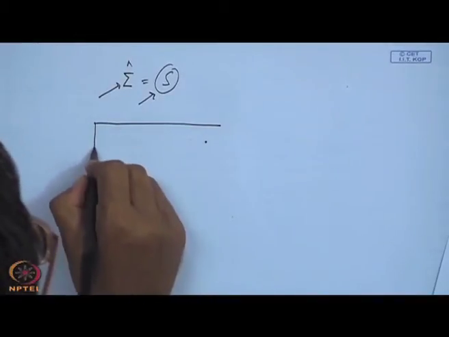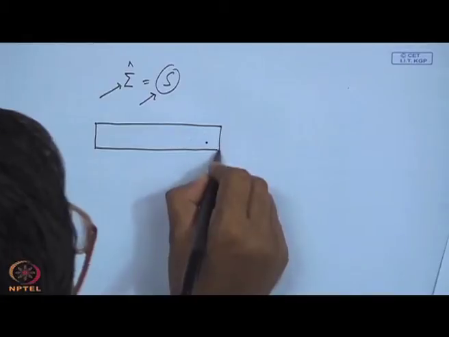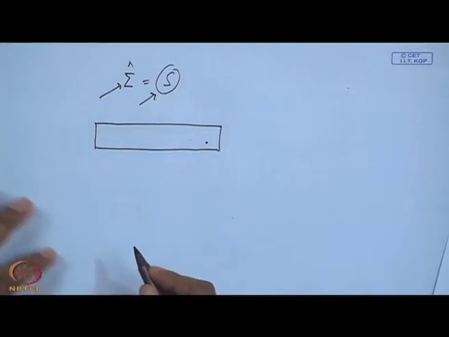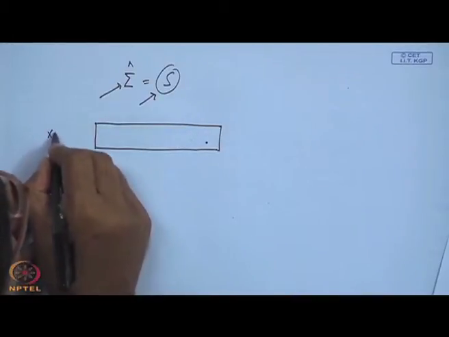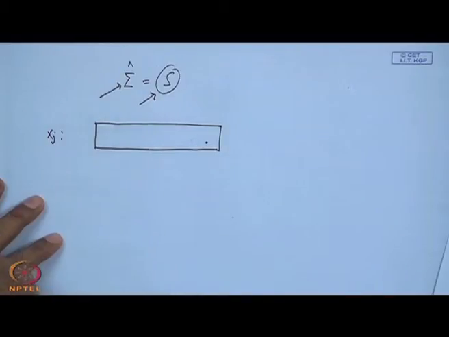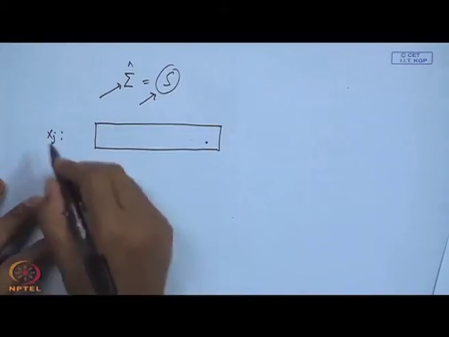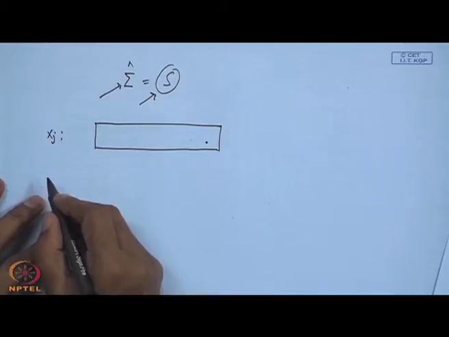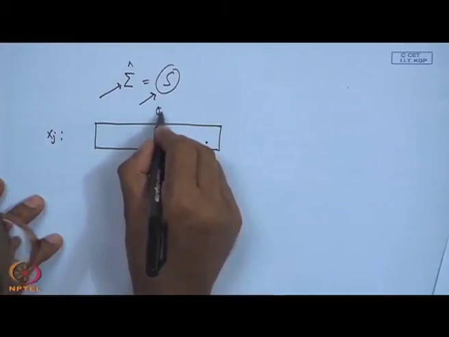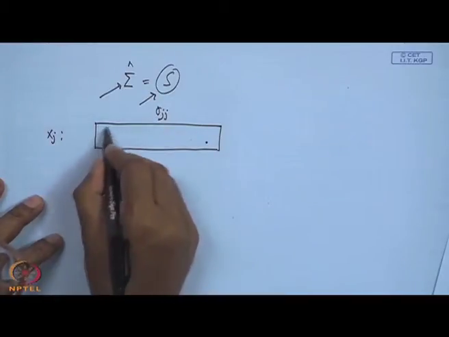In the principal factor case, what we will do is take any variable xj. This variable's variability is sigma jj.